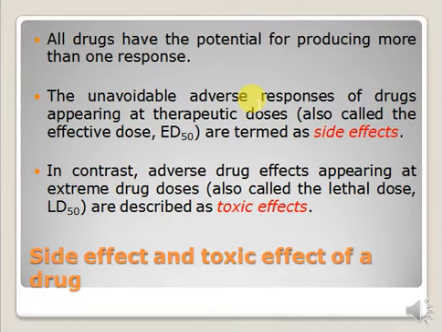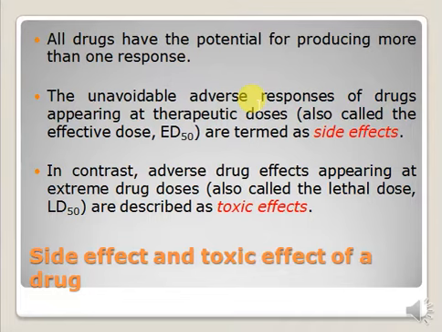Again, suppose we have 10 animals and we give them different doses of a drug, right? The concentration of the drug at which 50% of the population either die or face some harmful effects is called the lethal dose, right?